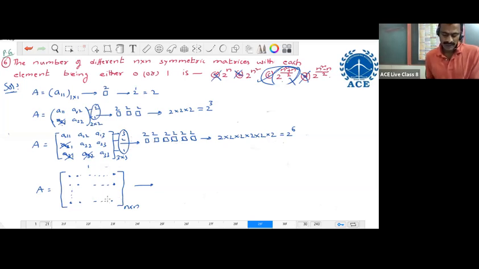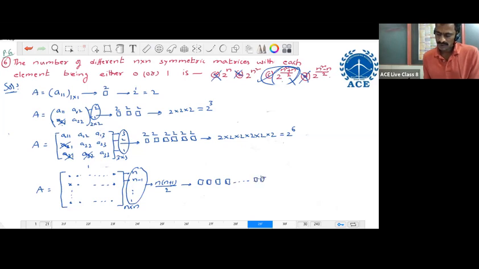In the same way, in the nth order matrix, along the first row we can find n elements. Along the second row, n minus 1, because A12 is the same as A21. Out of n elements, if we delete one element, we get n minus 1. And so on, down to 1. The sum of all this is n into n plus 1 by 2. So this is the number of different positions possible in the nth order symmetric matrix: 1, 2, 3, 4, and so on.